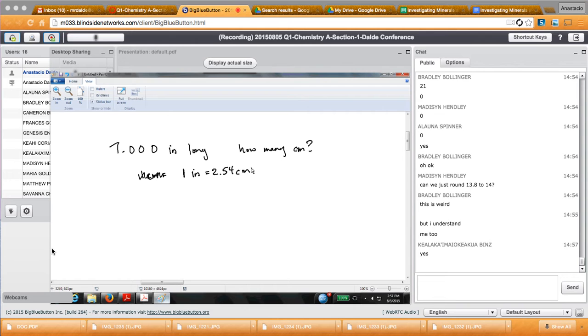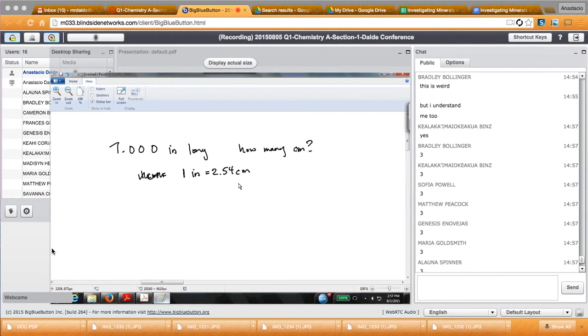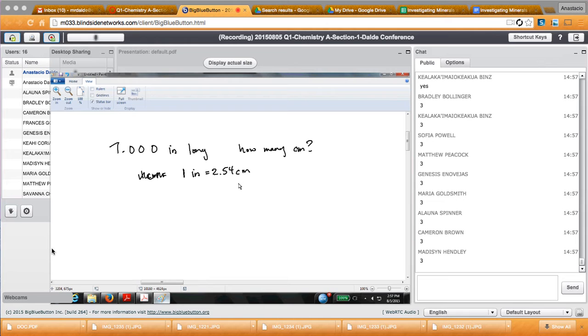Keep in mind, how many significant figures is 2.54? You say 3? Everyone says 3? Well, I hate to say it to you, but you guys are wrong. In this very specific case, 1 inch is defined as exactly 2.54 centimeters.